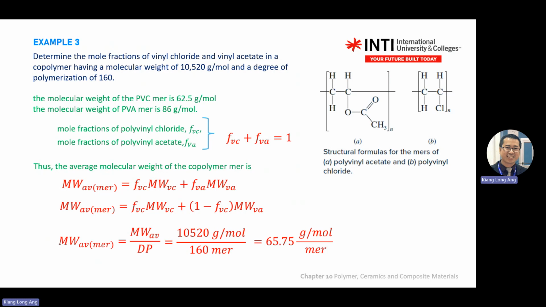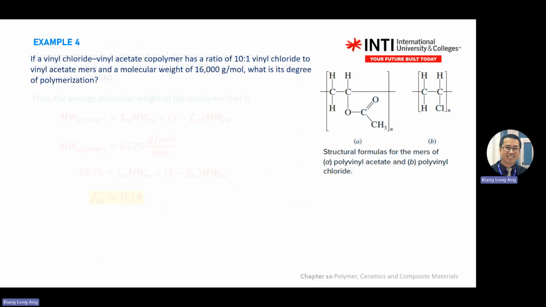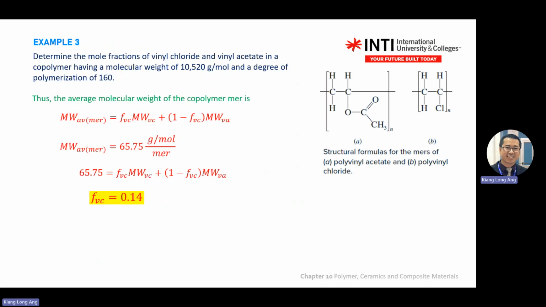Then you substitute. Then you solve the simultaneous equations and you get FVC. Once you get FVC, you know what FVA is.